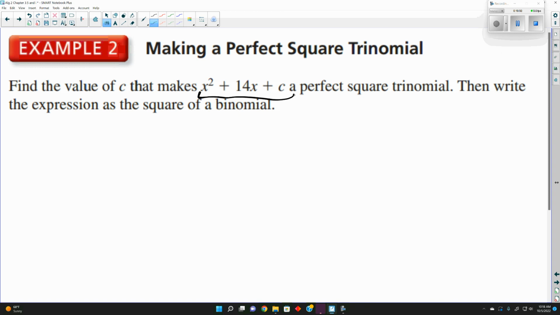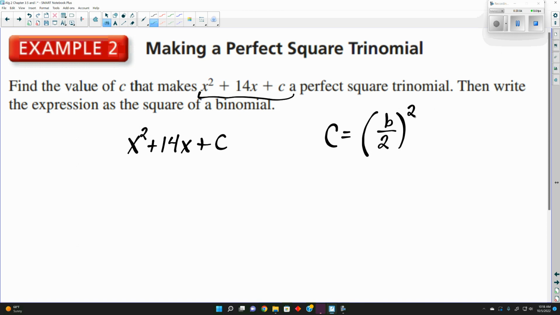And it works out for this here, x squared plus 14x plus c. C, and we'll be using this again tomorrow, is b over 2 squared. To give us a perfect square trinomial, the constant term c is going to equal b over 2 squared.